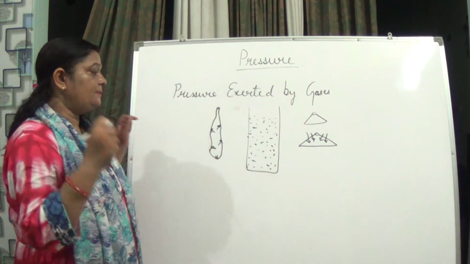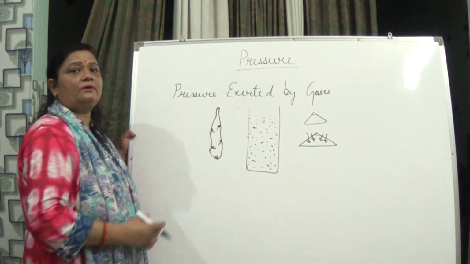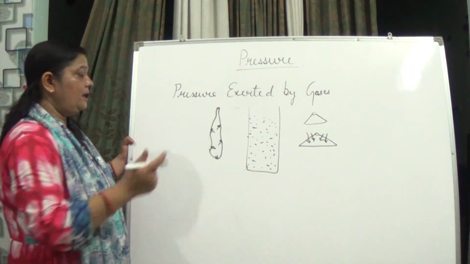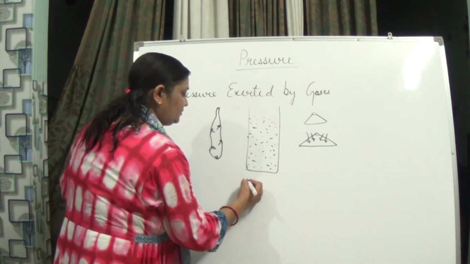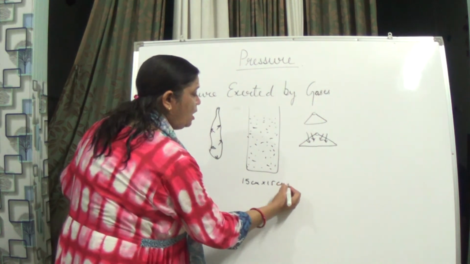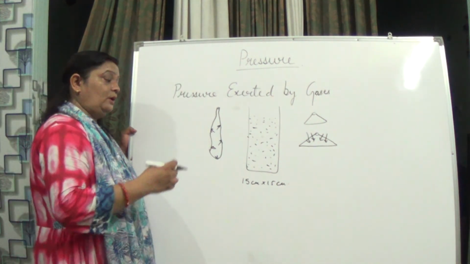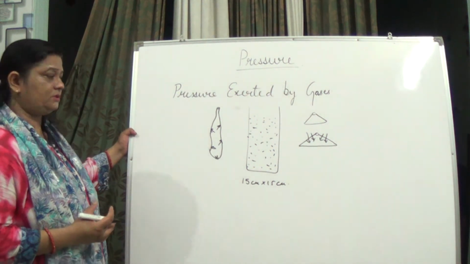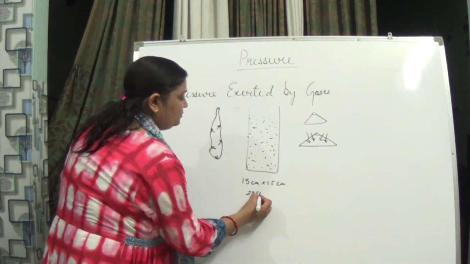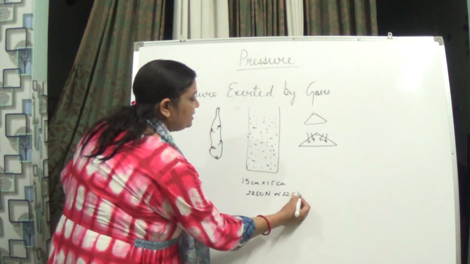Now suppose a person is carrying a cylinder consisting of air. So here atmospheric pressure is acting. Let us write the dimensions: 15 centimeter into 15 centimeter. So how much pressure and how much force will it exert? It is 2250 Newton, or you can say 225 kg.